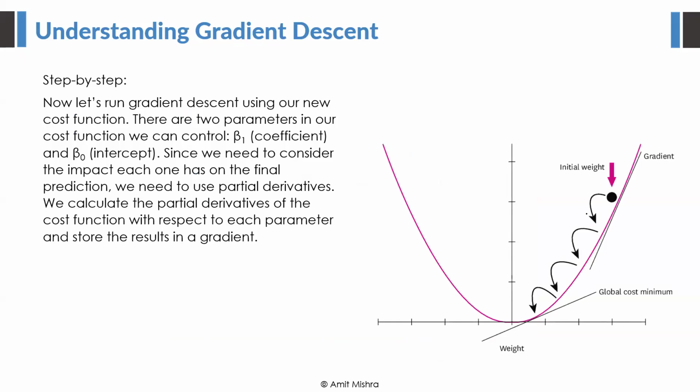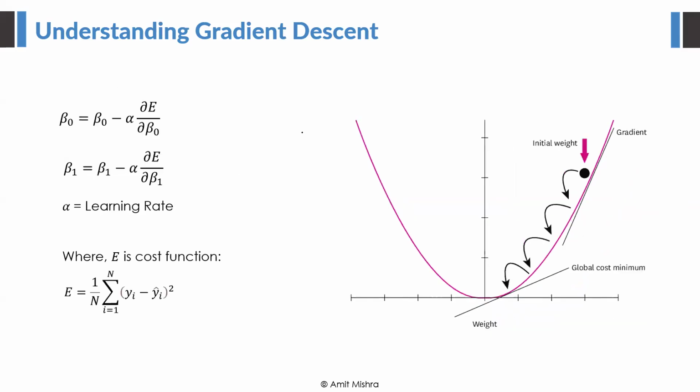This is where you have the initial weight of the model. There is an initial value of beta naught and beta 1, which will give you the highest error. This is your highest error, and at every different point you will get a new value of beta naught and a new value of beta 1, which will be updated by the rate of change.